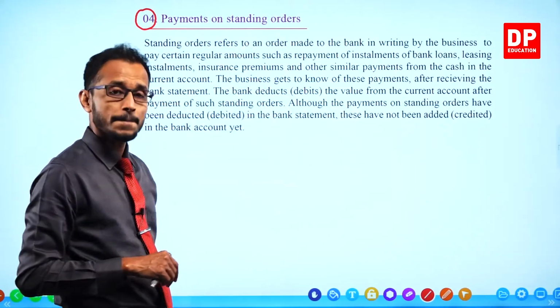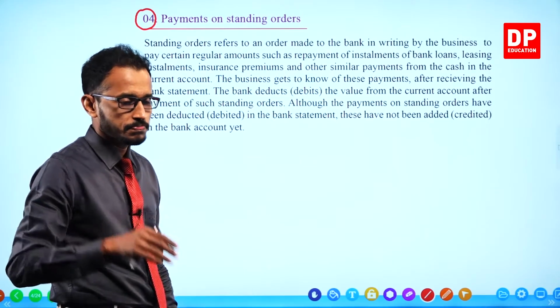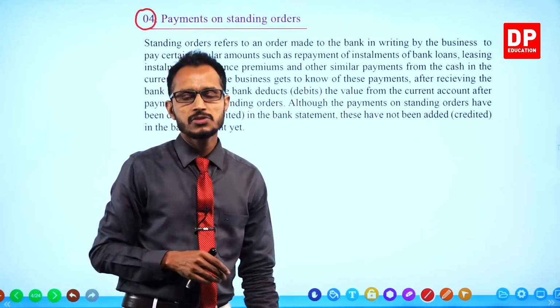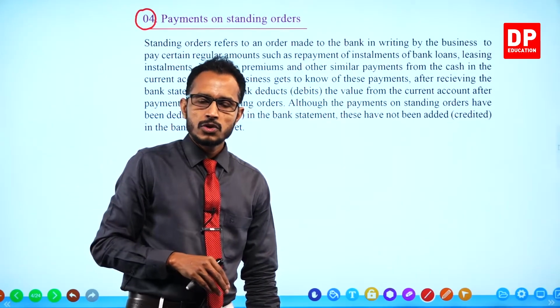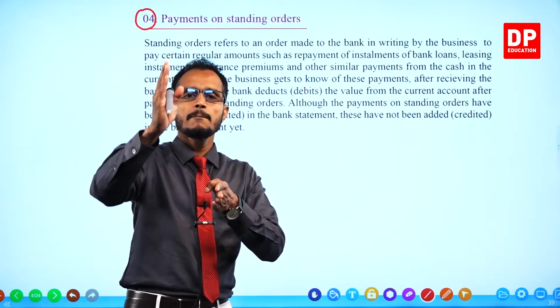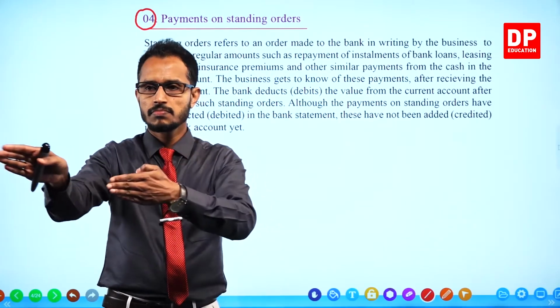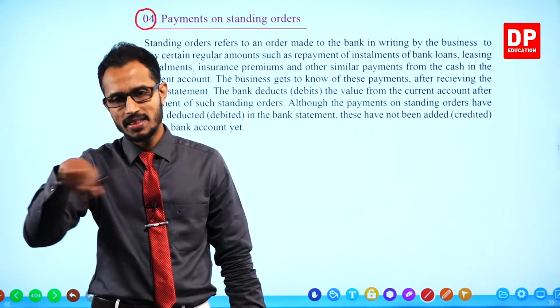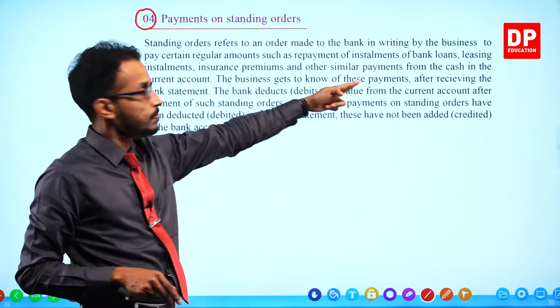Likewise, for types of payments that you must pay as expenses, you give the order to the bank to pay the money out of your current account balance. These are called standing orders, children.